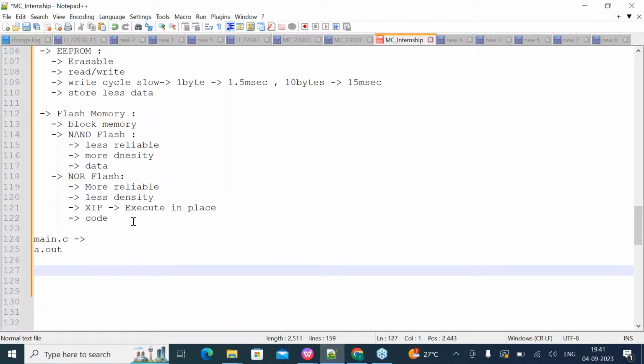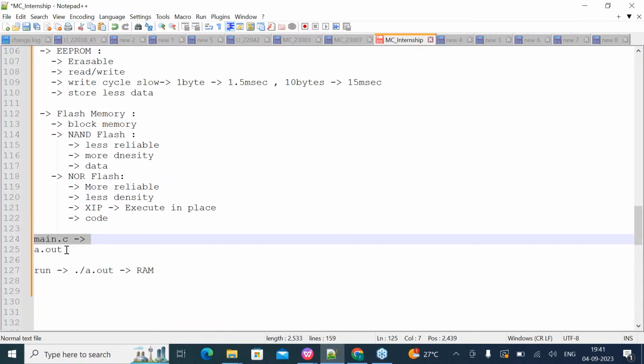Then to run the program, with ./a.out, don't you think you first have to load this program into the main memory from the secondary memory? Even if you write the program or create the executable file, it is stored in the hard disk, the secondary memory, right? But to run that program, you usually have to load it from the secondary memory to the RAM.